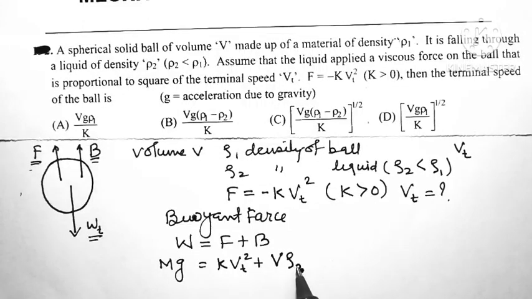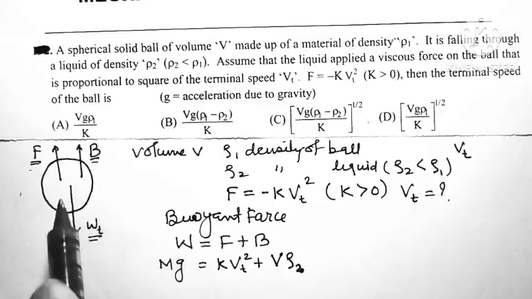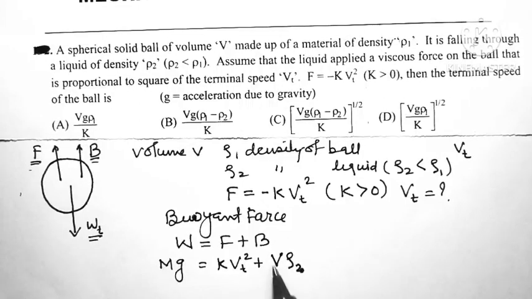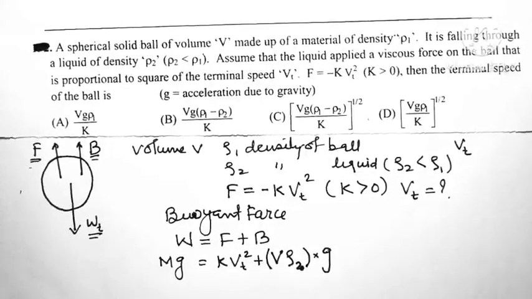So volume into density is the mass of liquid displaced, and if it is multiplied by g, that gives the buoyant force, also known as upthrust.